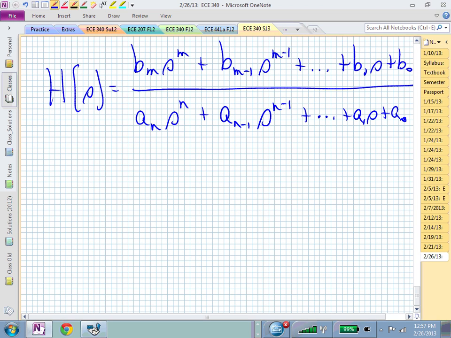And in order to sketch this, or to get a feel for what's going on, it's nice to know where your roots are of the numerator and the denominator, or what are my zeros and what are my poles.